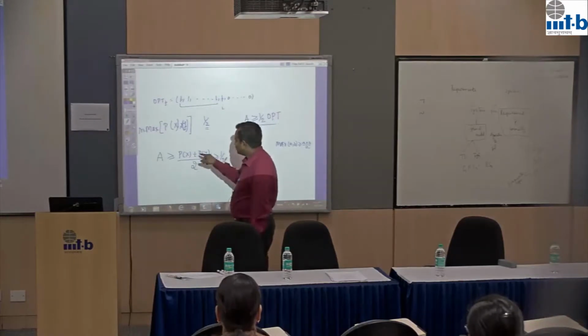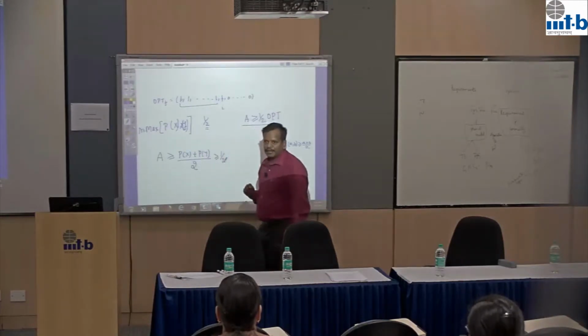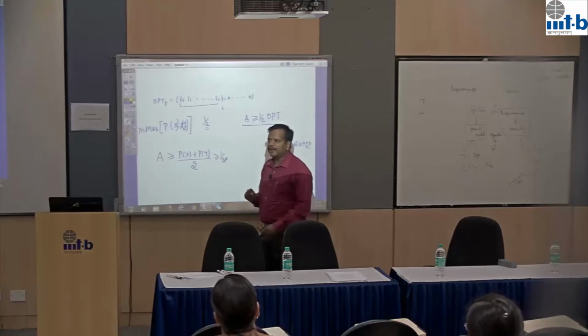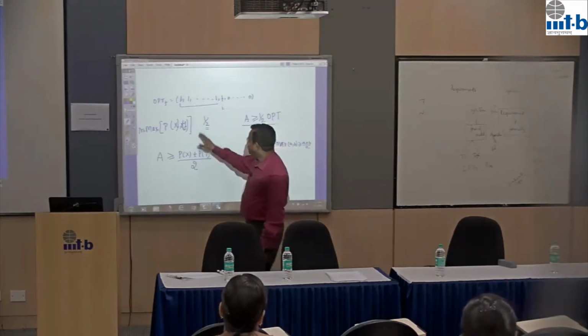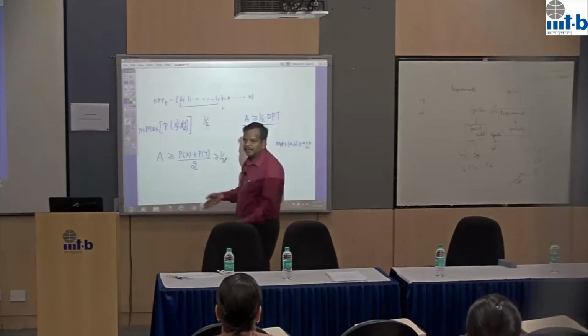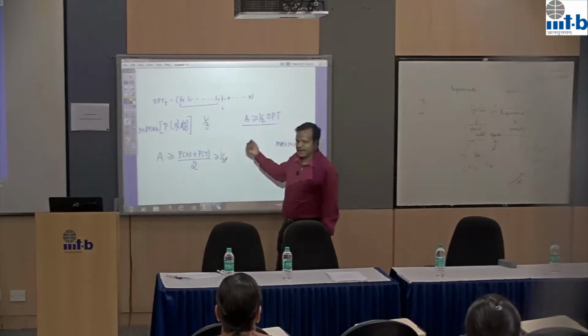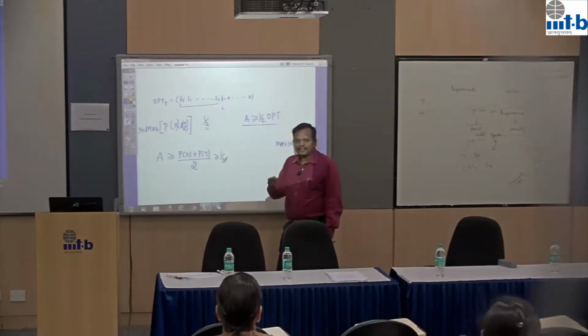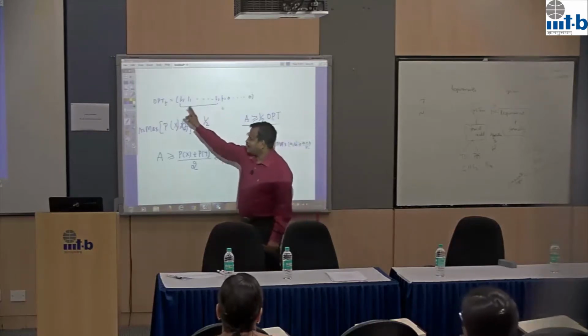P of x plus P of y, how does it compare with the optimum solution? So P of x picks all this, P of y picks only this. The profit of x is essentially the profit of all these first i items. The fractional knapsack picks all these items and a fraction of this.